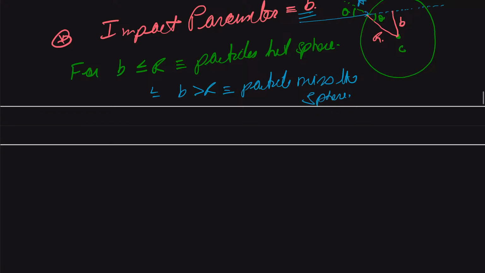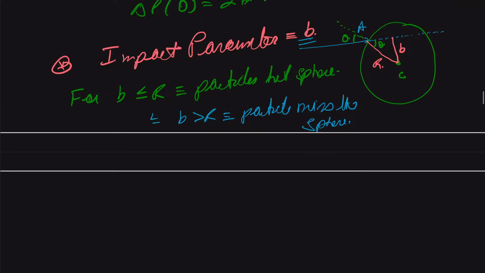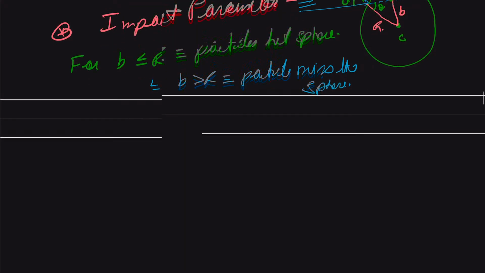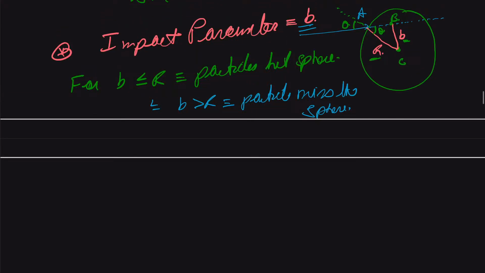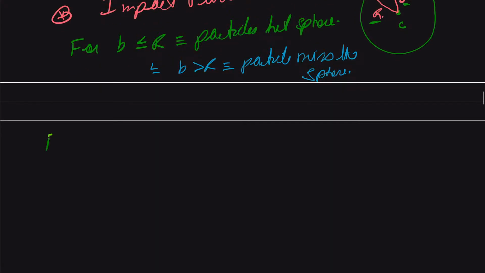Because of this triangle, let us suppose this is our point B. So in triangle ABC, we can find a relationship between R and b. We can write that b is equal to R sine of theta.